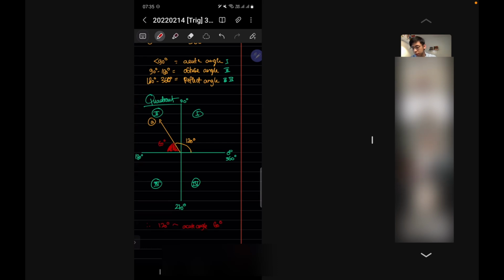I'm going to give you a clearer way to do this. The way you do this is to use the horizontal line as a point of reference.